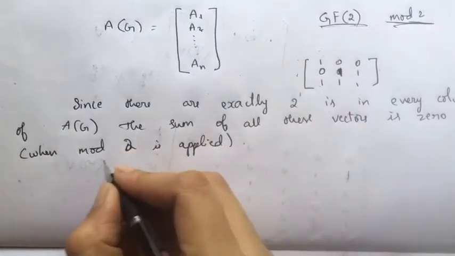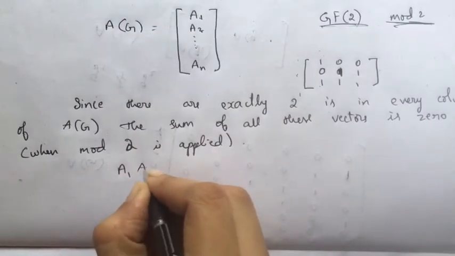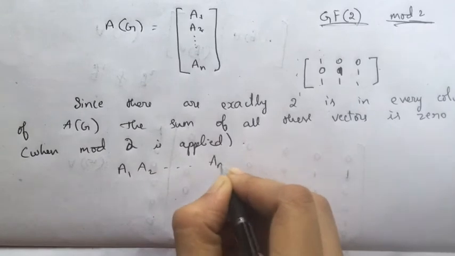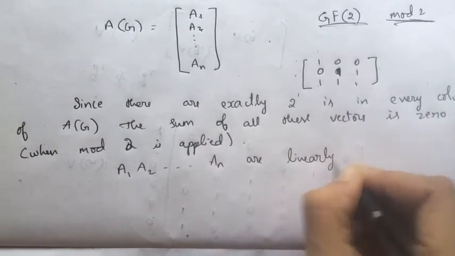So I can say the row vectors A1, A2, up to AN are linearly dependent.